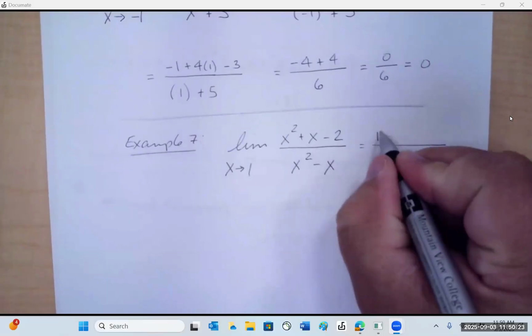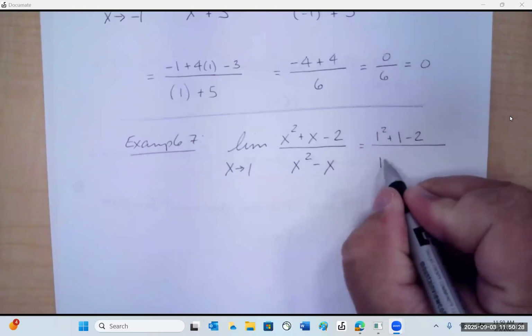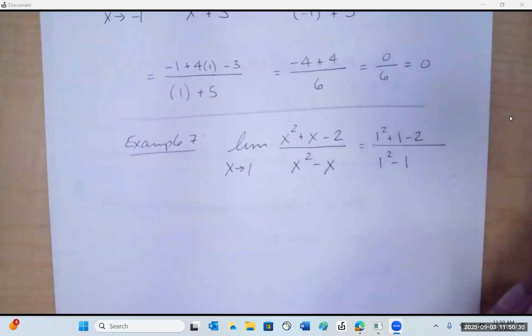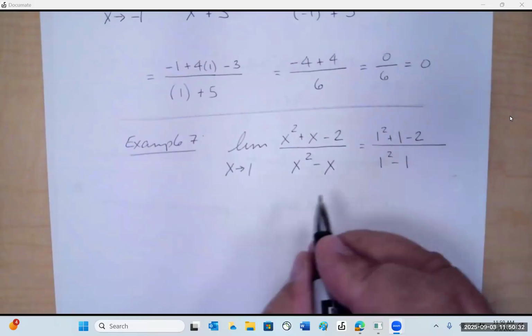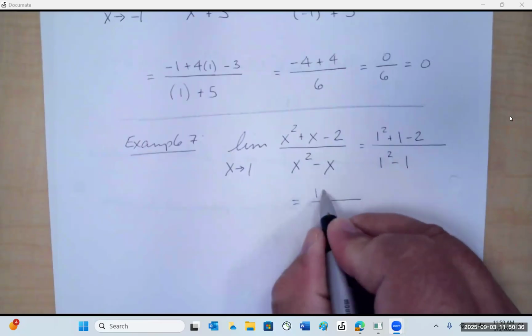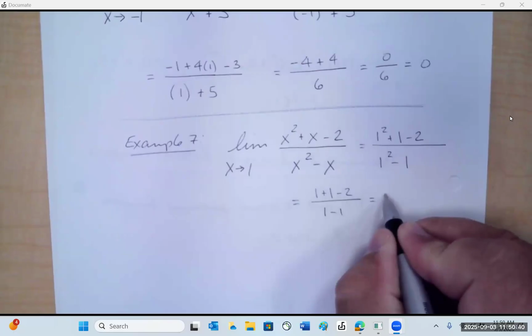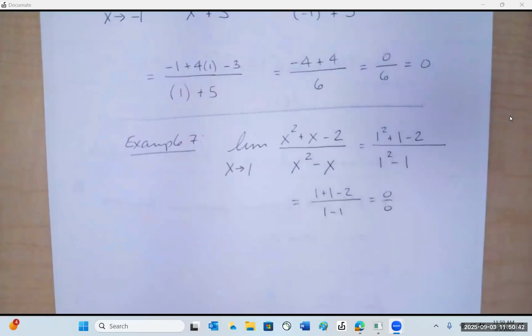So we have 1 squared plus 1 minus 2, over 1 squared minus 1. 1 plus 1 minus 2, 1 minus 1, 0 over 0. Now we've got to do something.